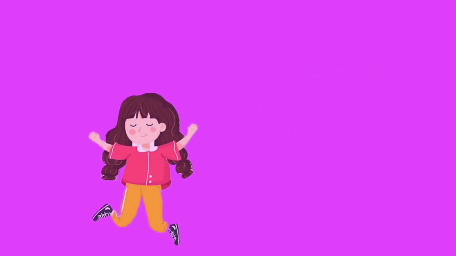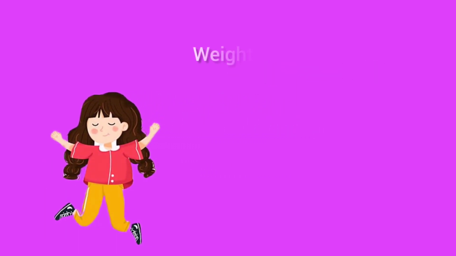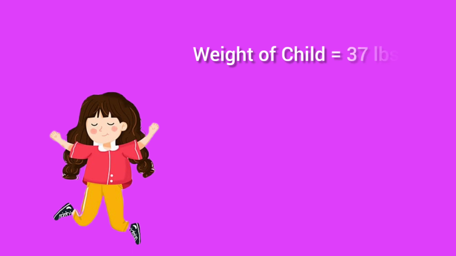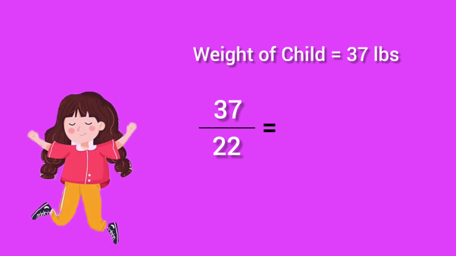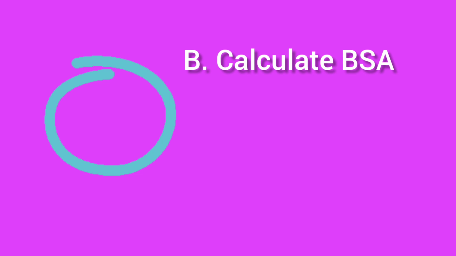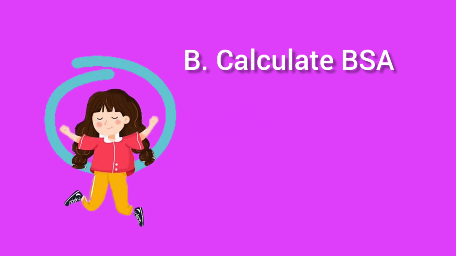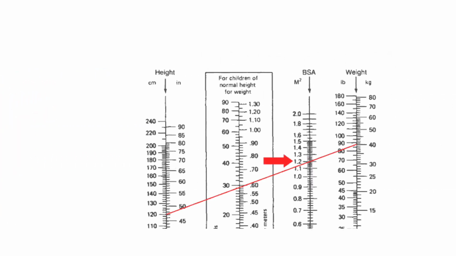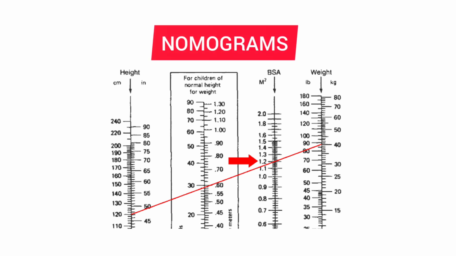The weight of the 4-year-old kid is given as 37 pounds. So what shall we do now? We'll quickly convert the pounds into kg. 37 divided by 2.2, which is equal to 16.8 kg. Now let's calculate the body surface area of the child. For this, we have to take the help of nomograms.